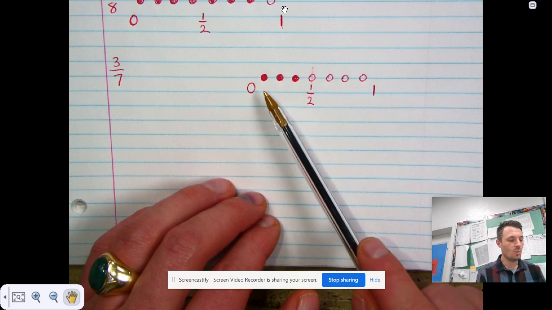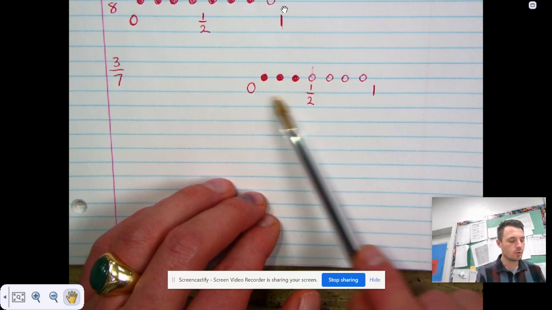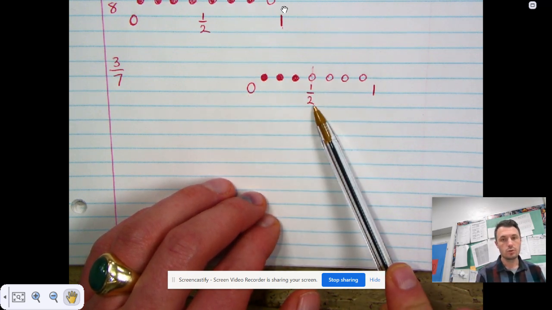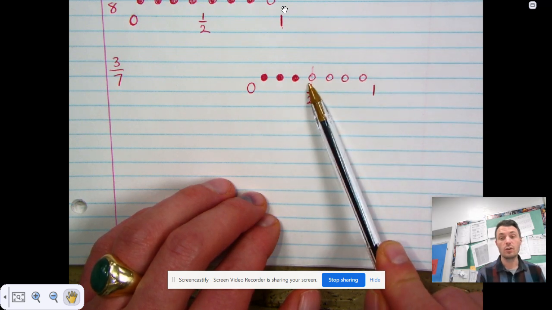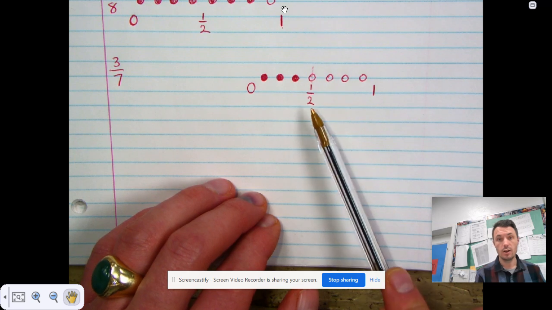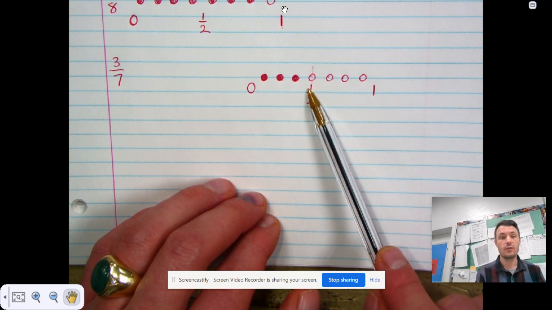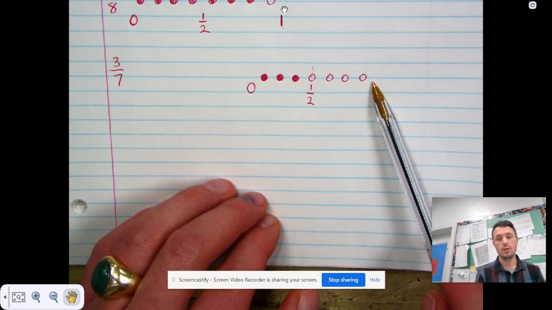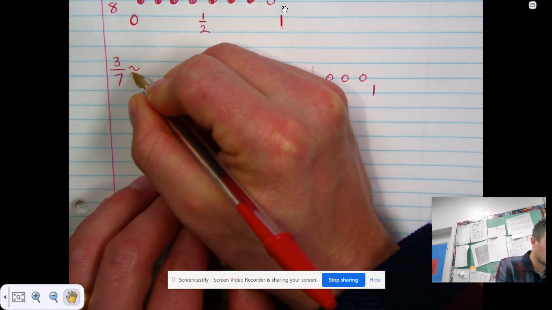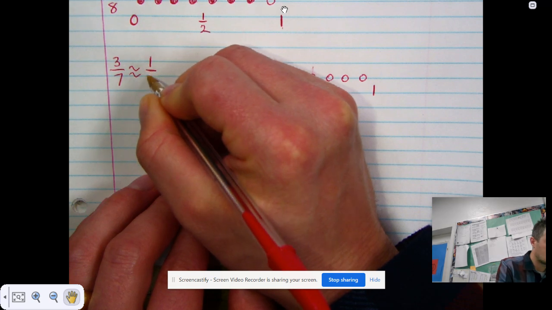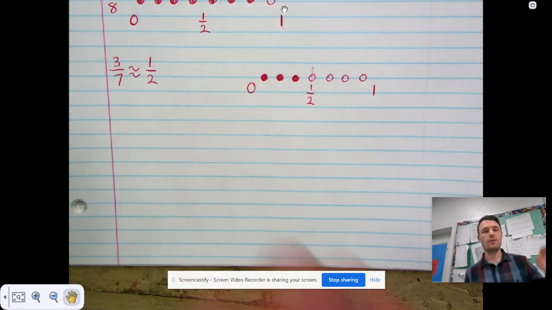So now we can see, is 3 marbles closer to 0? Is it closer to 1/2, or is it closer to 1? We can see it's only half a marble short of being 1/2 of all the marbles. So it's definitely closer to 1/2. So we could say 3/7 is about the same as 1/2.